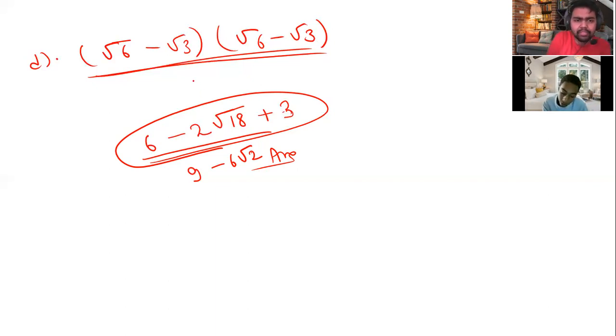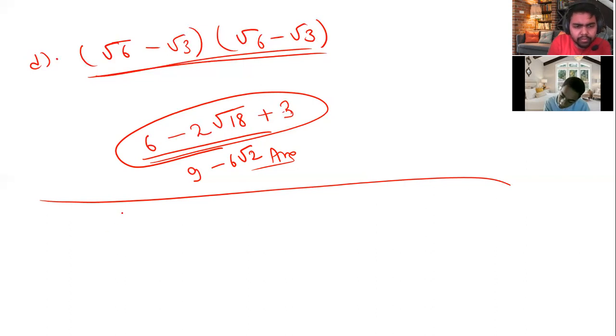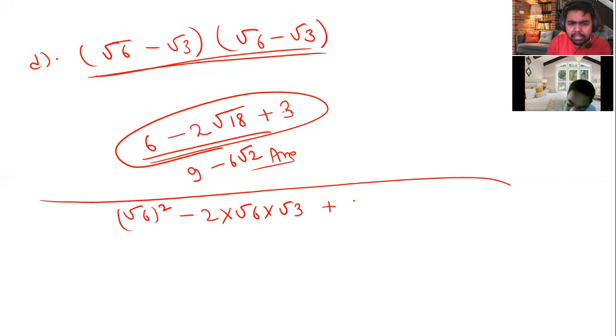Yes, I'm solving step by step. Here I'm writing my steps. a square minus 2ab means minus 2, this is a and this is b. Then again plus b square. Sir, why did you multiply it? Where did I multiply? Why did you add that?